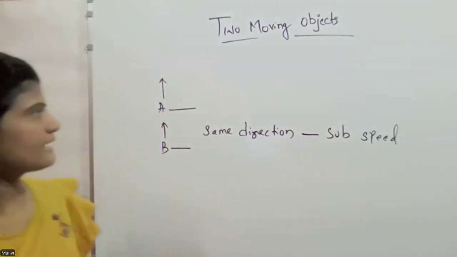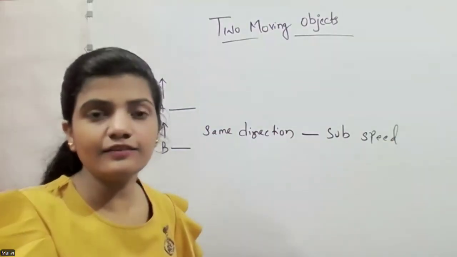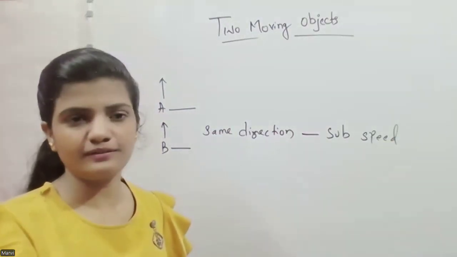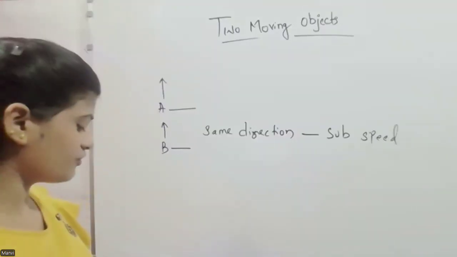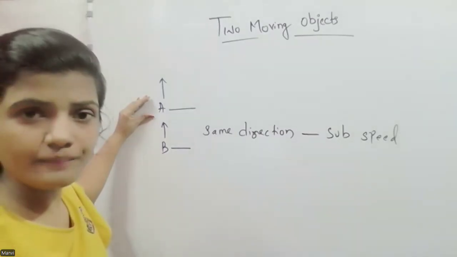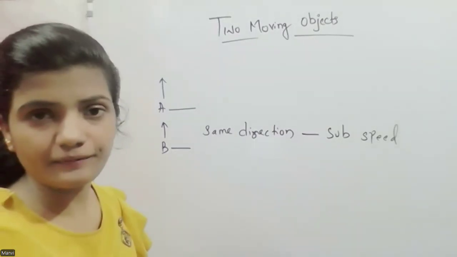For example, two trains leave the same station at different speeds. The speed of train A is 40 km per hour and the speed of train B is 30 km per hour.